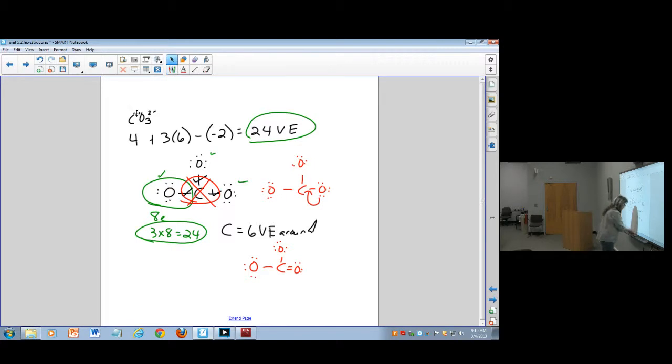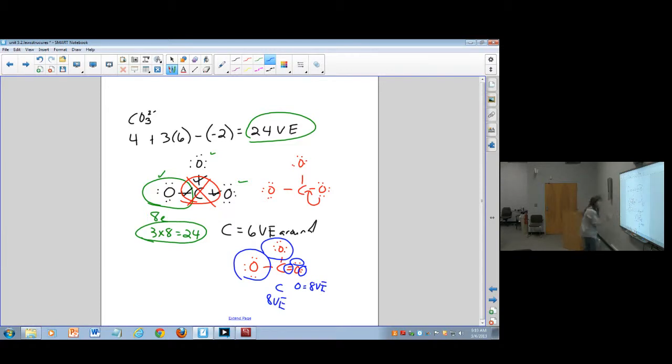Now, we already know these two fulfill their octet, so we're not going to deal with those. But what about carbon? Well, carbon now has 8 valence electrons in those bonds. That one's good. And what about this oxygen? It has this pair, 2, 4, and then these right here. So oxygen also has 8 valence electrons. And so I've reached an octet by making a double bonded carbon oxygen.